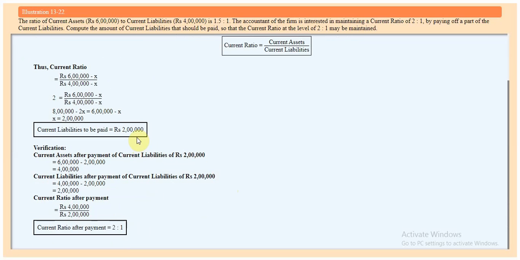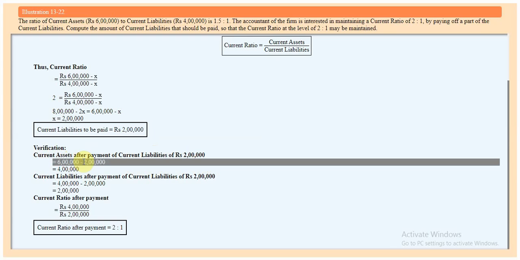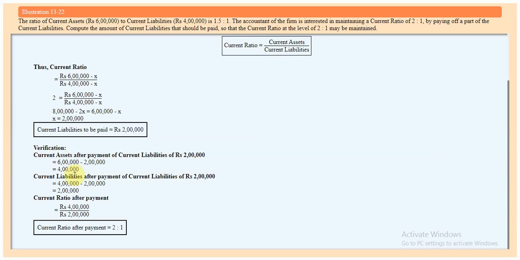So let us just do some verification. We have received the answer, but we'll just make sure that whatever we have arrived at as answer is correct. Current assets after payment of current liabilities of rupees 2 lakh: what will be the current assets? Already it was 6 lakh. Now we have repaid 2 lakh, so 2 lakh reduction in cash balance. So we'll have 4 lakh as current assets.